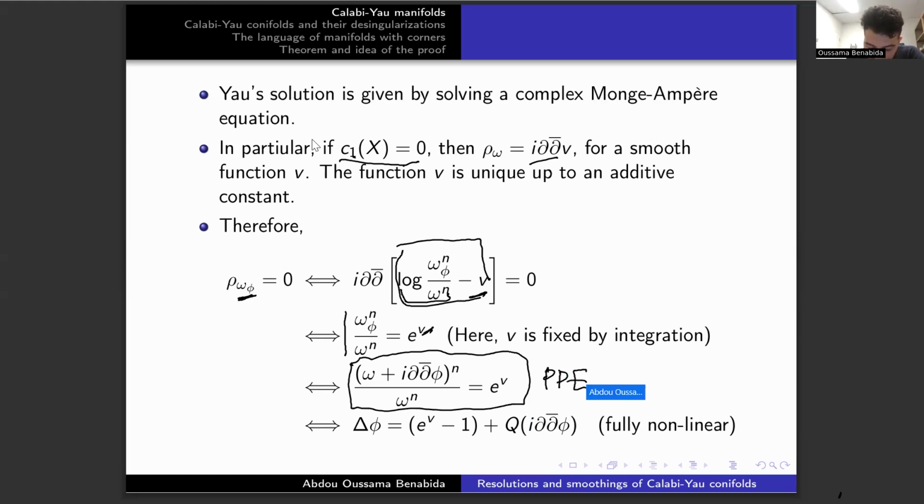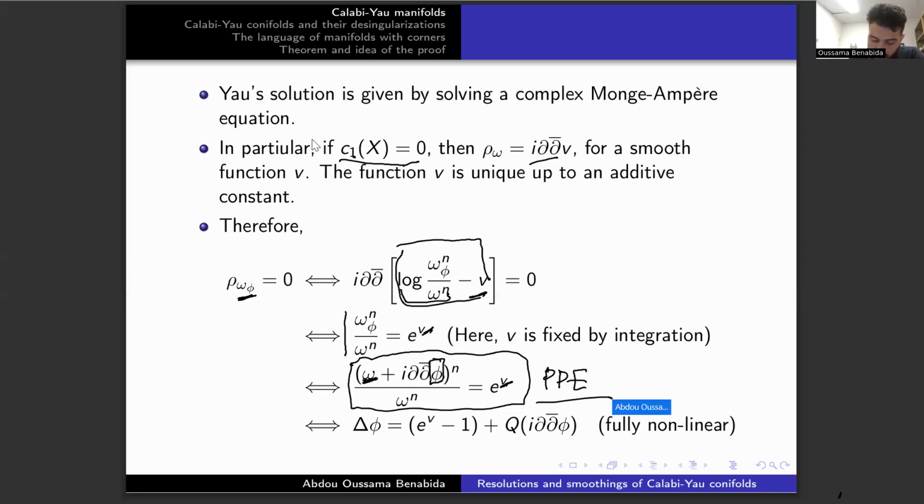So omega is fixed, V is the potential of its Ricci form, and we're trying to find phi, a function which satisfies this equation. This is the complex Monge-Ampère equation that we want to solve.